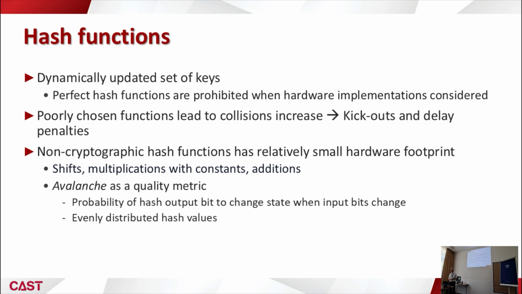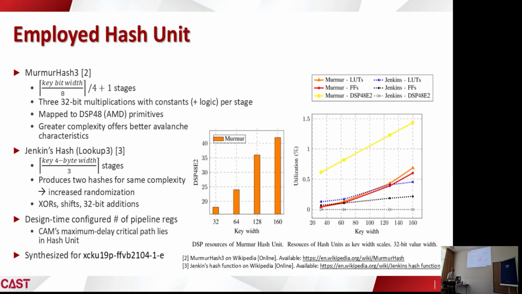We also consider characteristics such as good scalability when the width of the input key increases, and no correlation between the input key and the output hash value. Two hash functions that demonstrate good characteristics in this context are the Murmur hash and Jenkins hash functions.